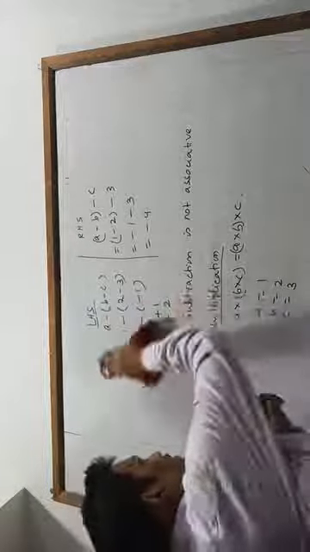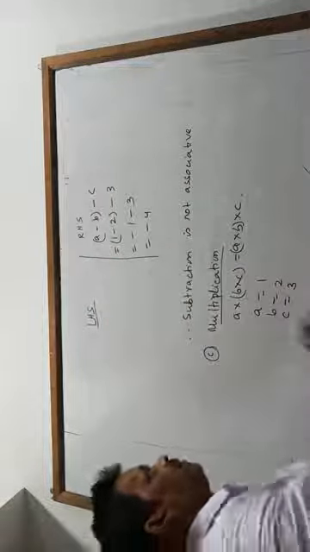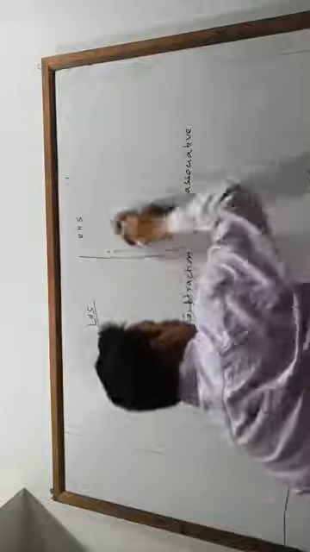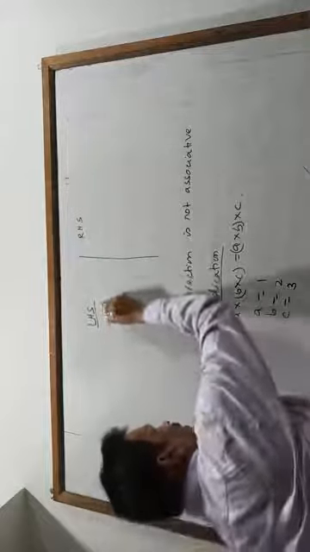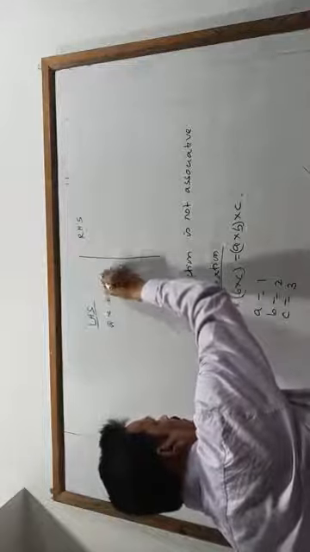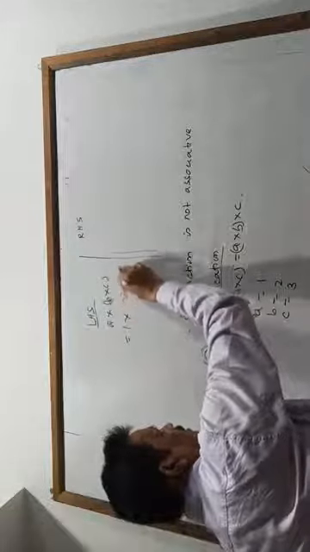Go to left hand side: A into B into C, that is 1 into 2 into 3.